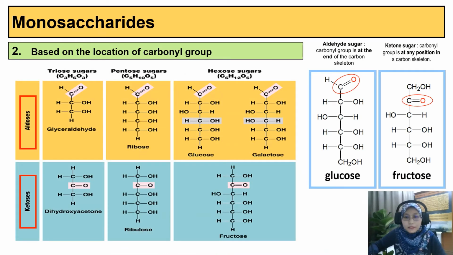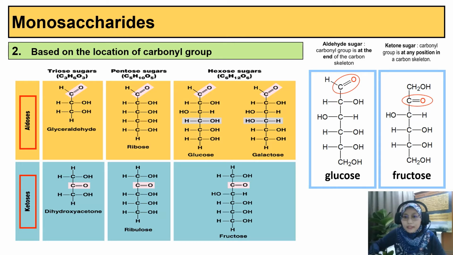Monosaccharide can be divided into different sugar based on the location of carbonyl group. There are 2 different sugars known as aldose or ketose sugar. When the carbonyl group is located at the end of the carbon skeleton, then the sugar is known as aldose.